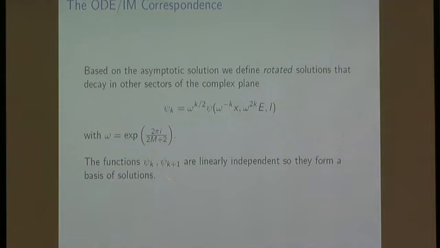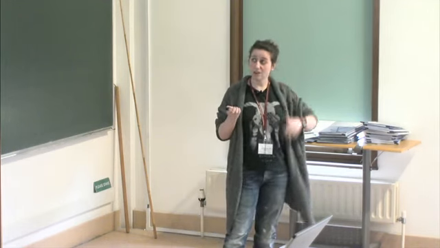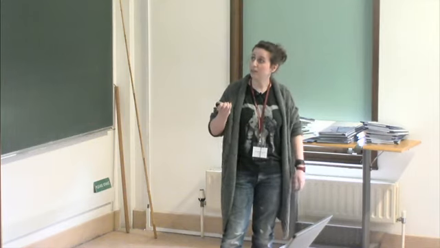We define them in this way, where omega is this exponential factor here. And since the functions decay in different sectors of the complex plane, we can say that they're linearly independent because each of them decays in a different sector, k.